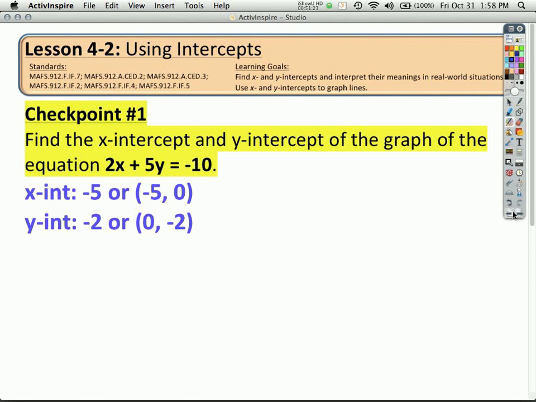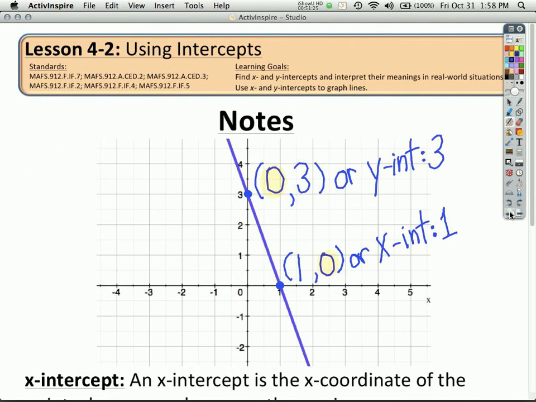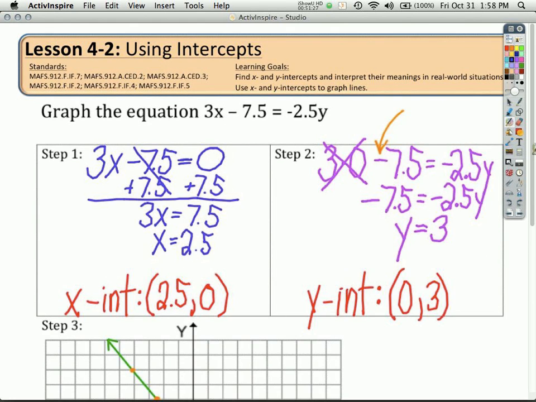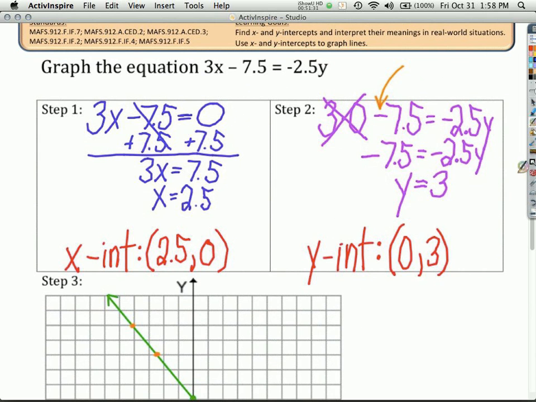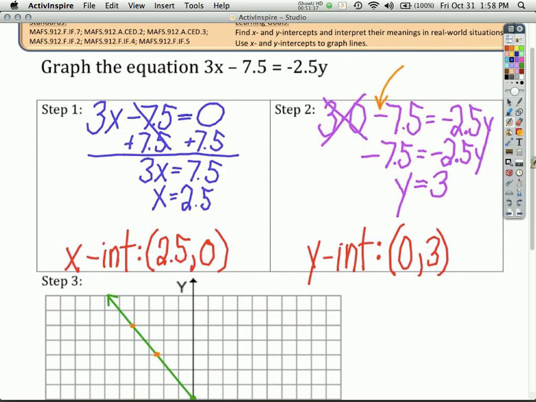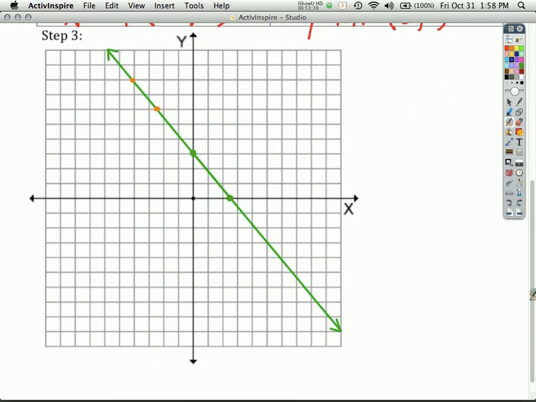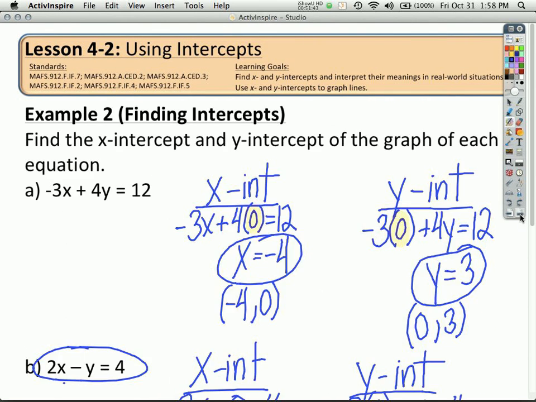I already showed you what we were going to do. Guess what you already know how to do? You already know how to do step 1, step 2, and step 3 also. So now it's just a matter of putting it all together.